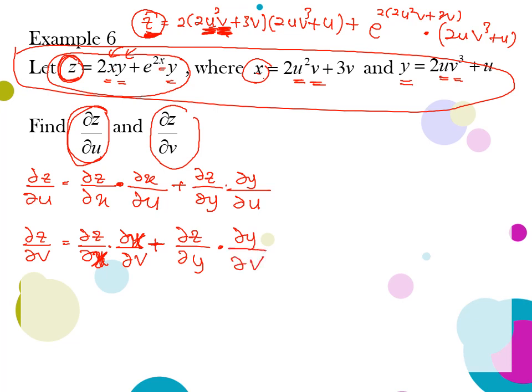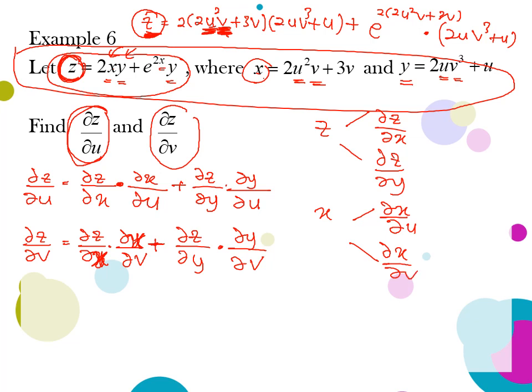Okay, so that will give you the answer. So it means here that for z you do del z del x, find del z del y, and for x you need del x del u, del x del v. Same goes to y here, you need del y del u, del y del v.